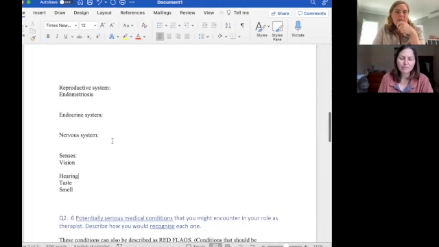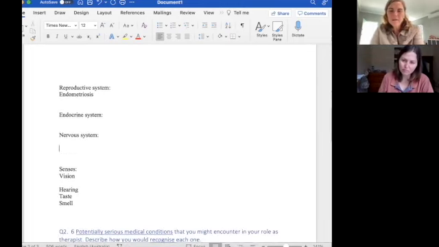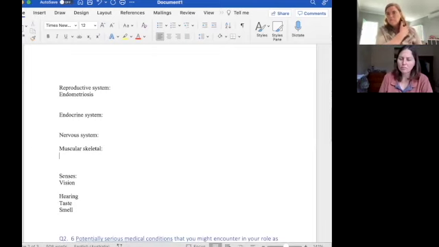One of the other systems that I haven't put in here is the musculoskeletal system, like back pain or frozen muscles. You're going to adapt for that, and be cautious if you've got broken bones or recent surgery.